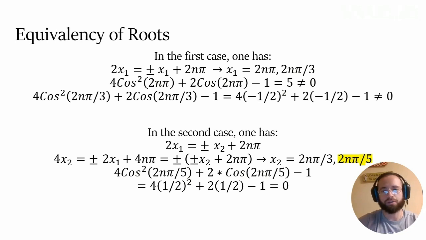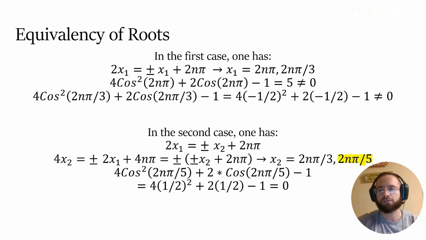So the first case didn't work, so we go with the second case. In the second case, we have 2x1 equals plus minus x2 plus 2n pi. So this is x1 written in terms of x2, right? So we need to find x2. But what we can do, we knew that 2x2 is equal to plus minus x1 plus 2n pi. We can multiply both sides by 2. So we have 4x2 is equal to plus minus 2x1 plus 4n pi. 4n pi is the same thing as 2n pi because n is an arbitrary integer, right?